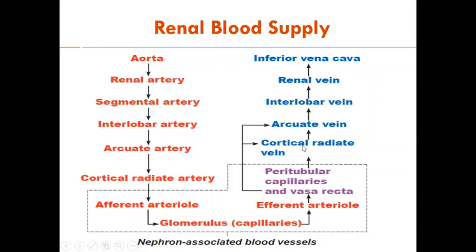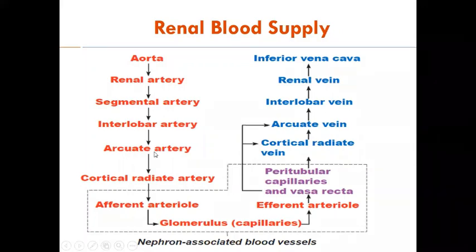Once you know the arterial branches, it will be very easy to remember the venous branches. Starting from the aorta, it branches off to give the renal arteries, the left and the right renal arteries. That will divide to form the segmental arteries. The segmental arteries divide to form the interlobar arteries. The interlobar arteries can communicate with one another via the arcuate arteries.